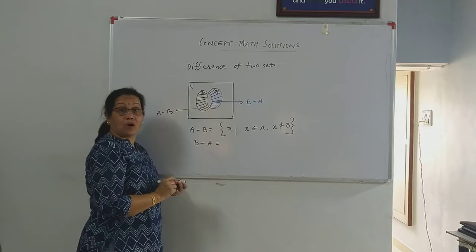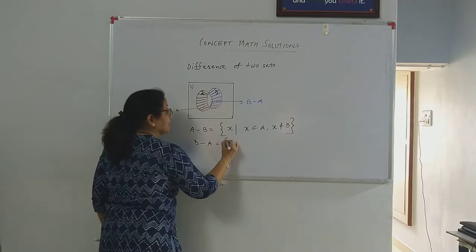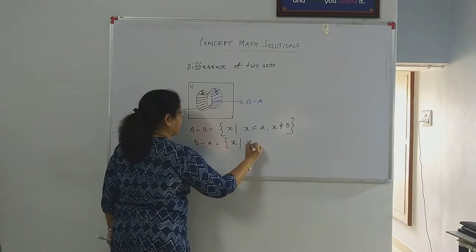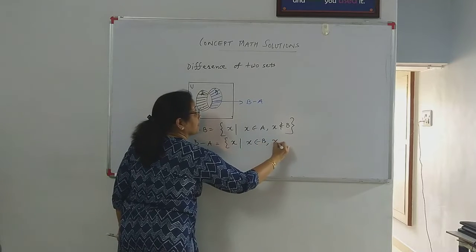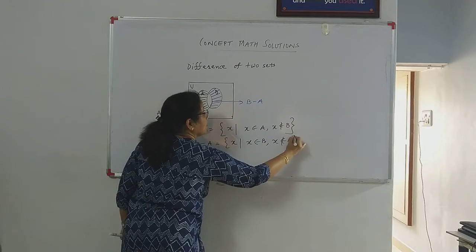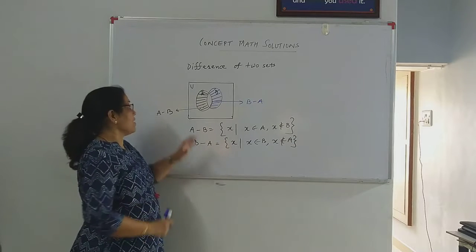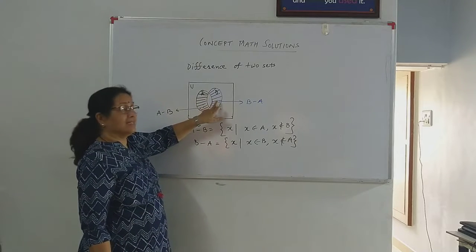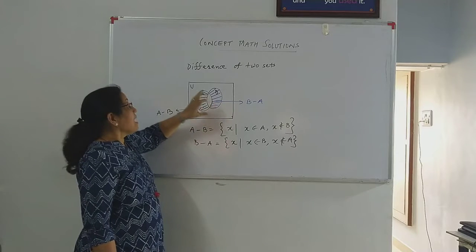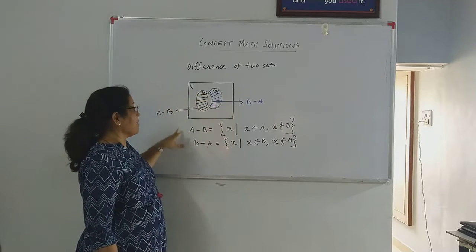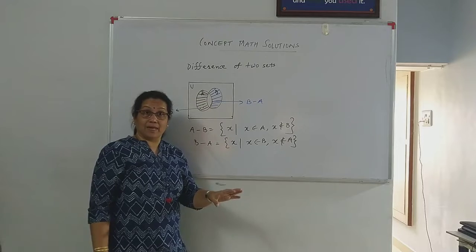A minus B is not same as B minus A. B minus A contains all X such that X belongs to B, but X does not belong to A. X is not in A, but it's only in B. So A minus B is this, B minus A is this, right? And you understand A minus B is not same as B minus A. That is the difference of two sets.